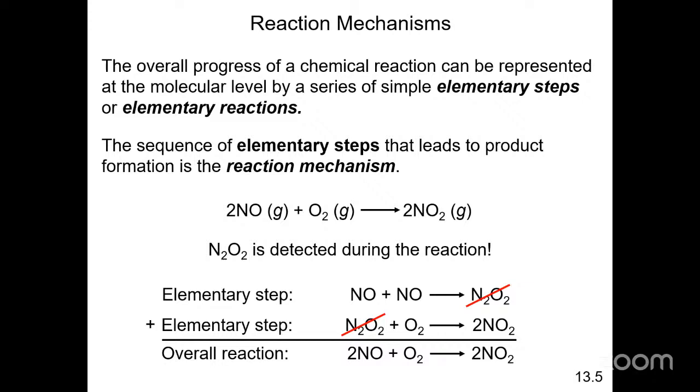When you add up the elementary steps of the mechanism, the result should be the overall equation, all right? So this is basically what we mean by the reaction mechanism and how it relates to the overall reaction. Any questions about this?